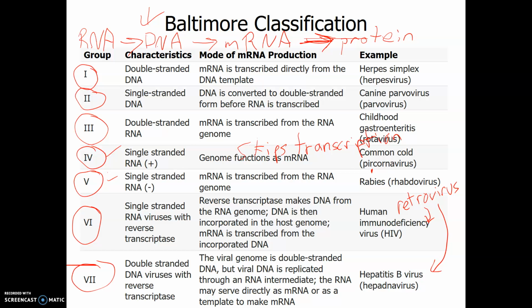Either transcription is skipped, or that RNA intermediate is used as a template to make messenger RNA. So it either works like RNA positive or RNA negative viruses.